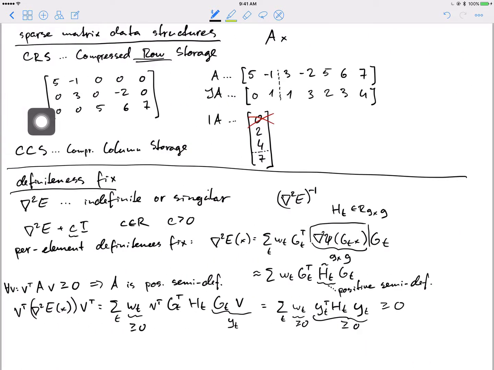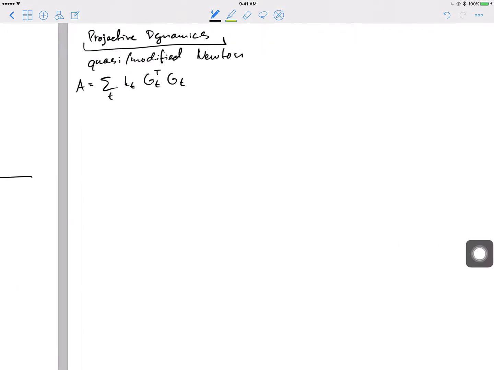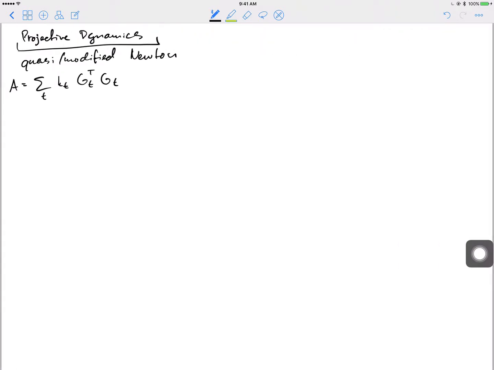That really means that you basically ignore the Hessian of the energy and replace it with a 9 by 9 identity matrix times some scalar. Maybe I should make it a little bit nicer: the w_t still makes sense here, and k_t would be some coefficient which I can choose per element.